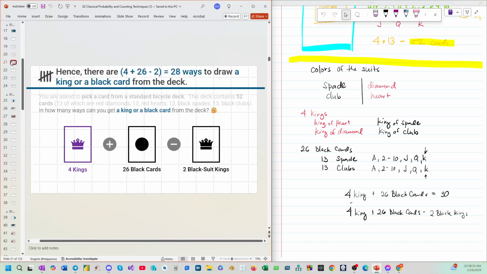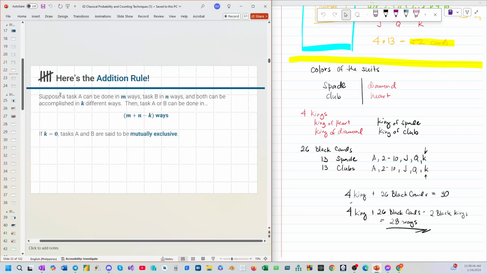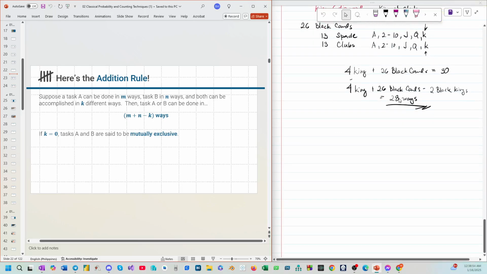Now let's picture it. A total of how many? We have 28 ways. So how are we going to picture it? This is what we call a mutual relationship, wherein we put them in a Venn diagram.